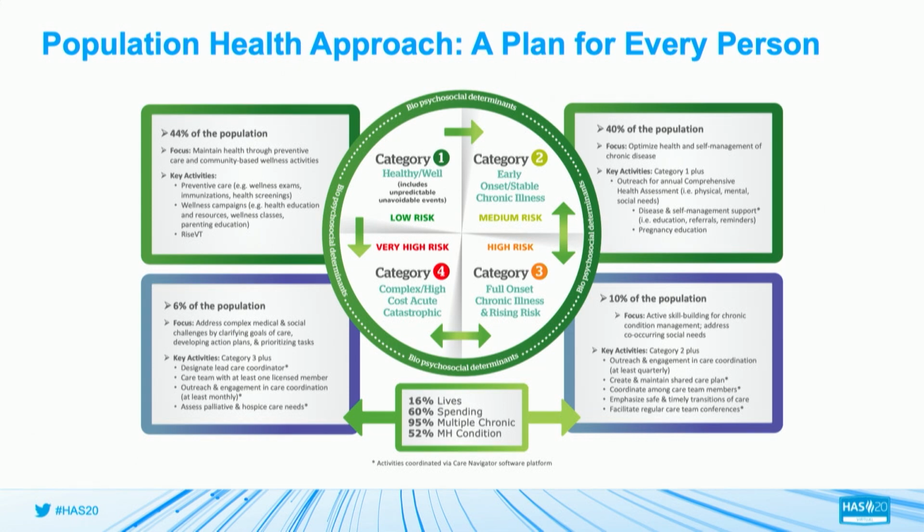The high and very high risk, so the bottom 2 squares there, are really where we're focusing the engagement. You can see that these people make up 16% of the population, but they account for 60% of spending, 95% have multiple chronic conditions, and 52% have mental health comorbidities. So the data is really driving the focus to these populations that can most benefit from the care coordination intervention.